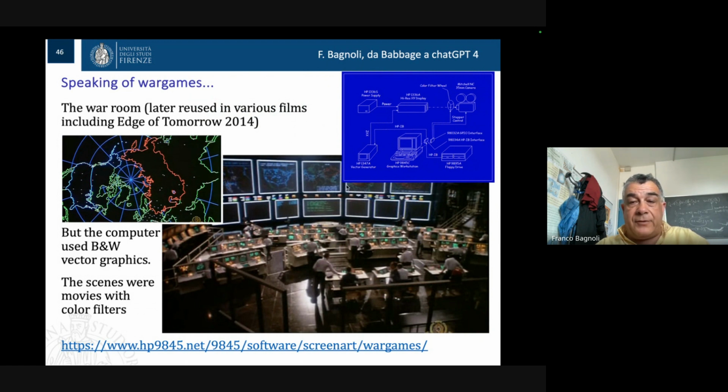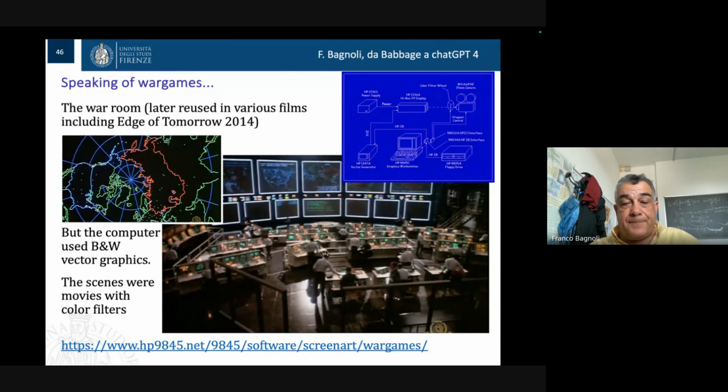But actually all of them were in black and white, and they used a kind of multiplex technique to draw the patterns in different colors, one after the other. This was synchronized with a color filter that rotated in front of the camera, so that the movie could be shot in color, even though the screens were in black and white.